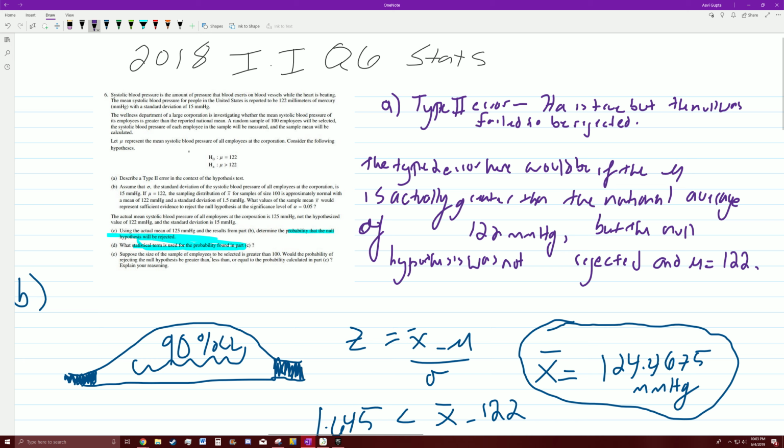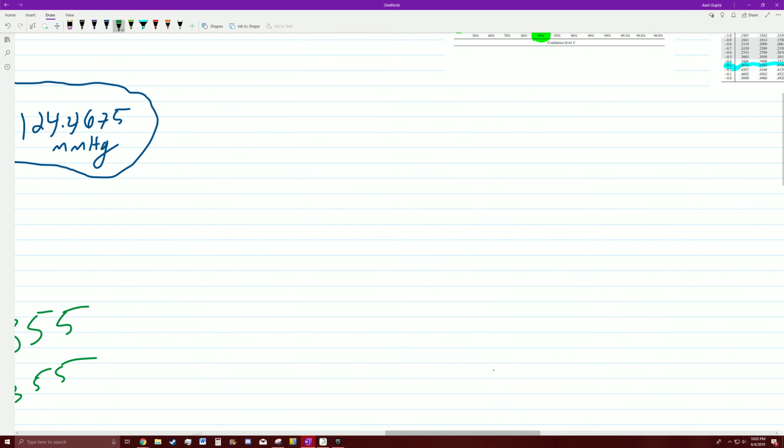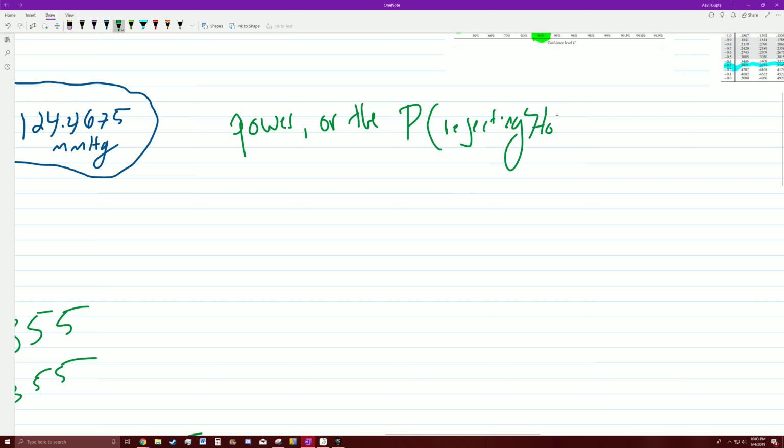Okay, now part E. Suppose the size of the sample of employees selected is greater than 100. Would the probability of rejecting the null hypothesis be greater than, less than, or equal to the probability calculated in part C? Explain your reasoning. Okay, well, there's a simple relationship that we learned in class. We learned that power, or the probability of rejecting H naught, is affected by a few things.